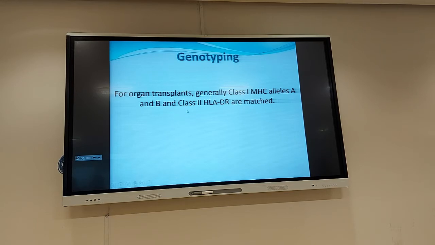They just match for class 1 A and B and class 2 HLA-DR. I guess just based on immunology, these are the most prominent or dominant antigens recognized in this process. The mismatches in the others can be diluted out with using immunosuppressives or whatever.